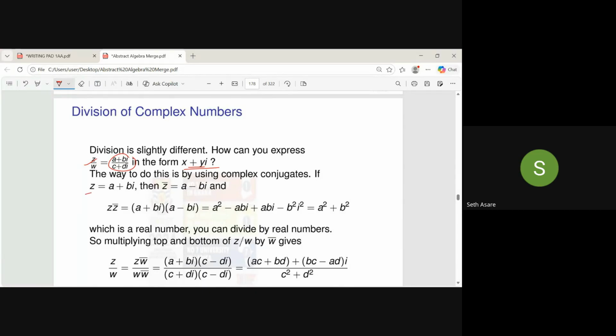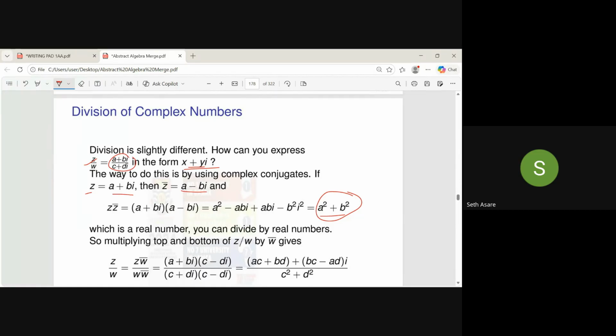If I have z to be a plus bi, and I have its conjugate to be a minus bi, when I multiply you by your conjugate, the answer that you get becomes the real part squared plus the imaginary part squared.